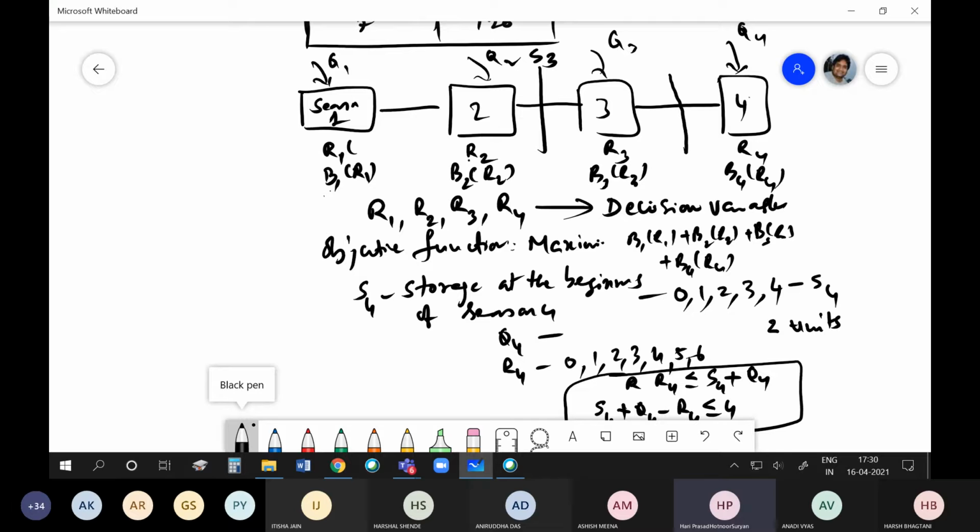What are the possible values of storage I can have here also? 0 to 4. How much is the inflow in the first, second, third season? It is 3 units, and what are the possible values of R3 now?